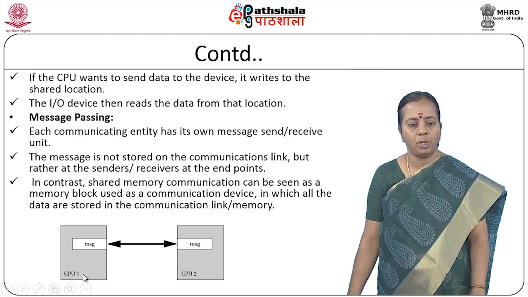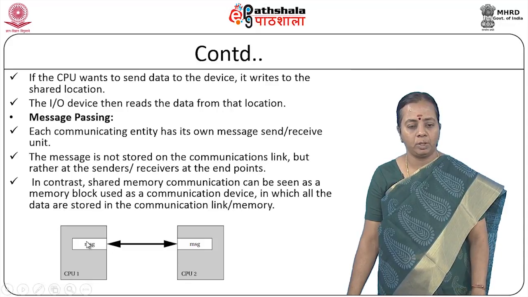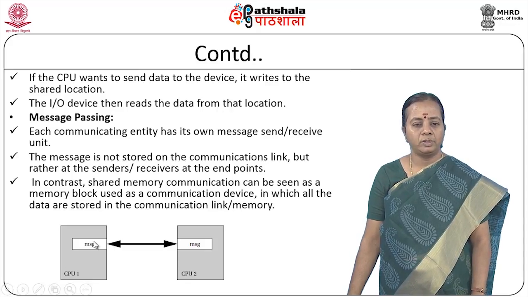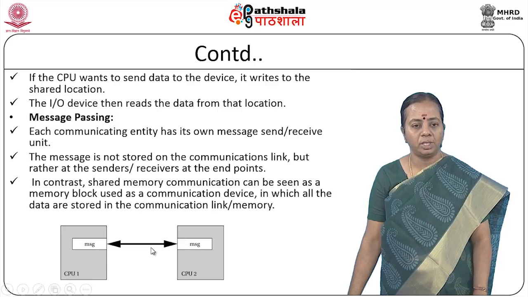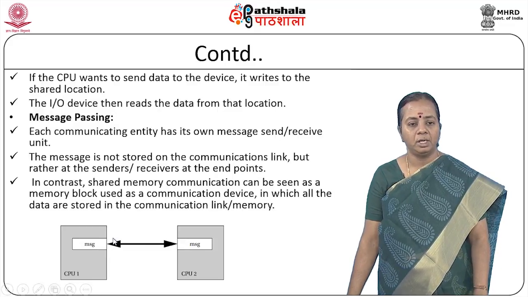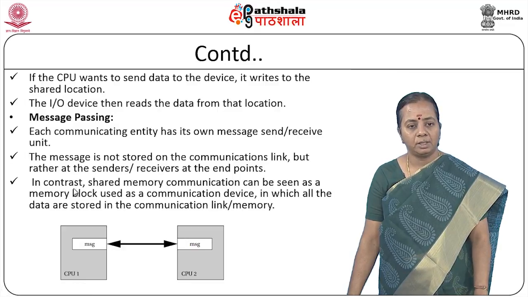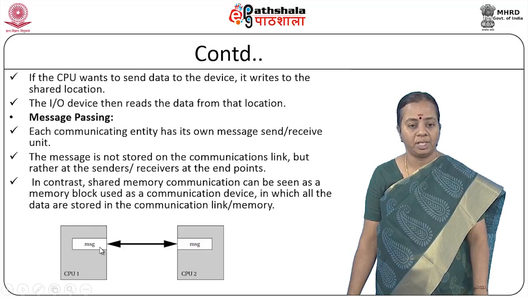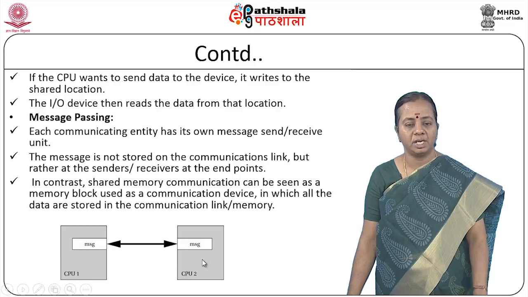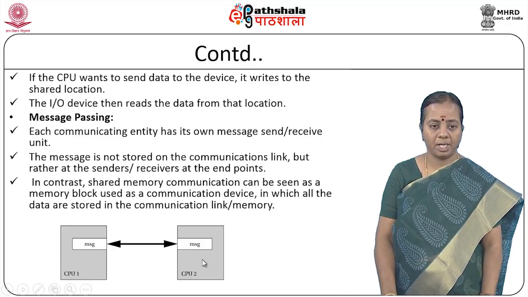For example, if CPU 1 wants to send data to CPU 2, it writes the content it wants to send into CPU 2's buffer, and CPU 2 reads it from there. In the same way, the other side puts its data there and it is read. So you see that the data is written onto the devices, not on the communication link. In the shared memory concept, the data is stored in the communication link itself, but here the data is stored in the receiver and sender. The message is written and then read.